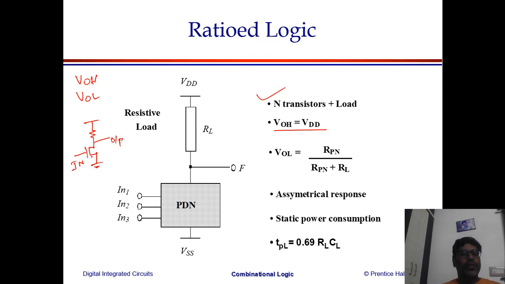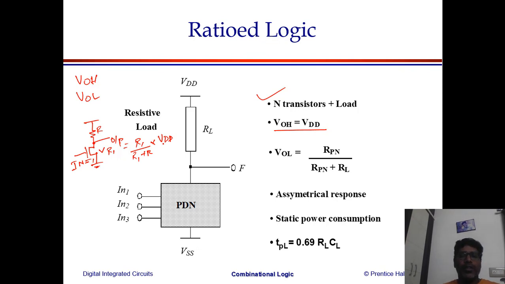So if you give V in equal to 1, this NMOS comes on, and now I am tapping the voltage at this point, which means this resistance is there and this on resistance of the NMOS is also there, right? So if I consider this to be R1, my output is not going to be 0, rather it is R1 divided by R1 plus R, into VDD.